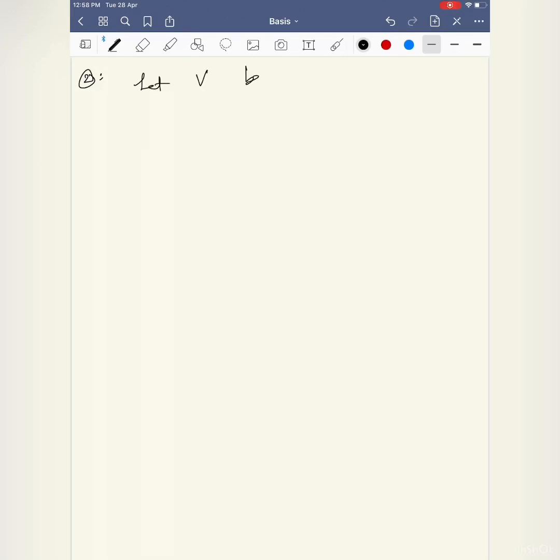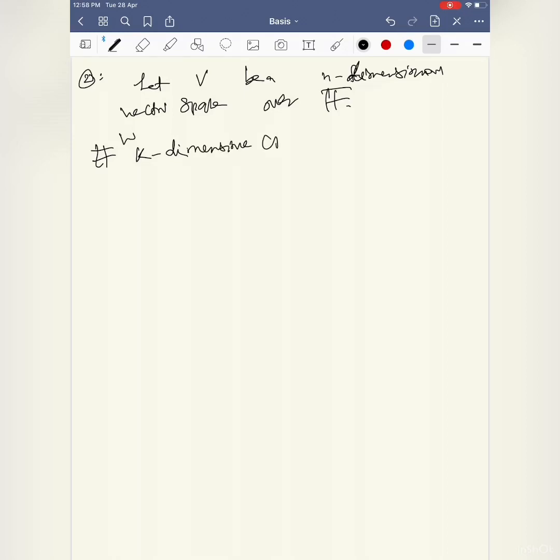Let V be an n-dimensional vector space over F. Now the number of k-dimensional subspaces W, the question is how many such W are in V. Again, we know how to count bases of a k-dimensional vector space.